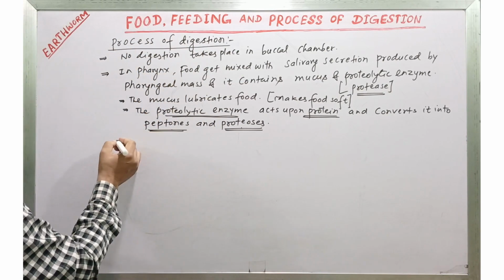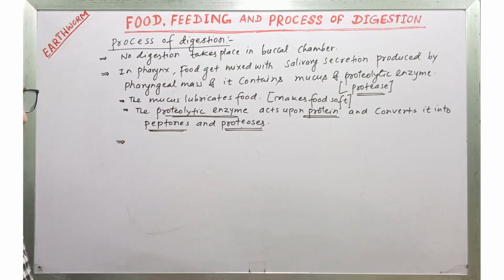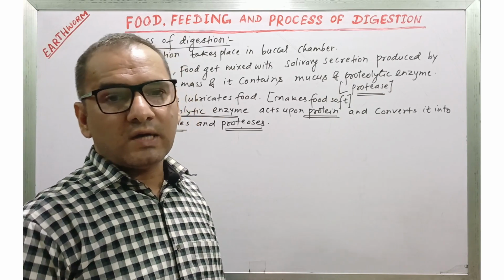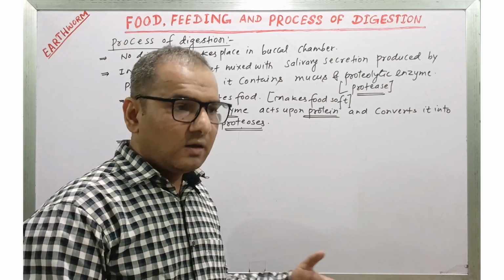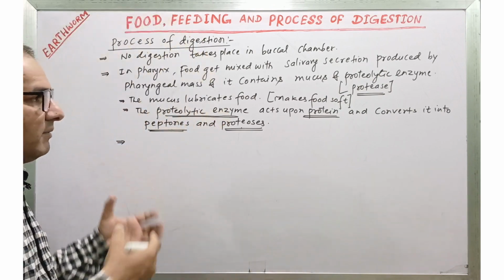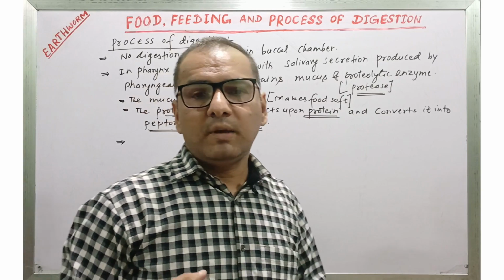Now, from the pharynx, the food passes into the gizzard through the esophagus, and we know that in the alimentary canal the food moves by peristalsis.